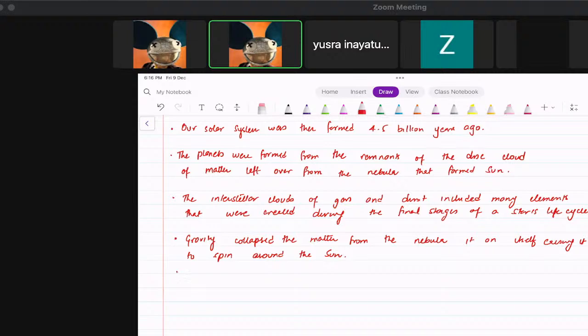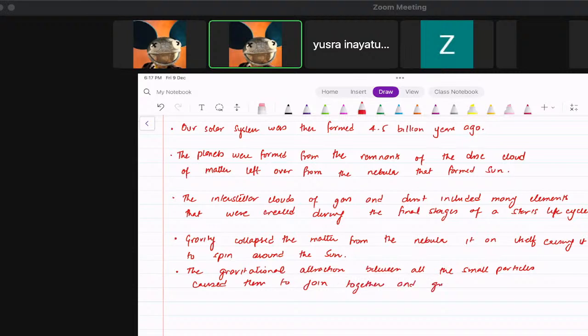Now, the gravitational attraction between all the small particles caused them to join together and grow in an accretion process.